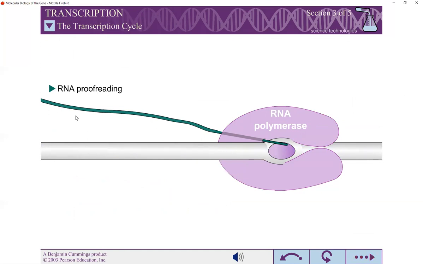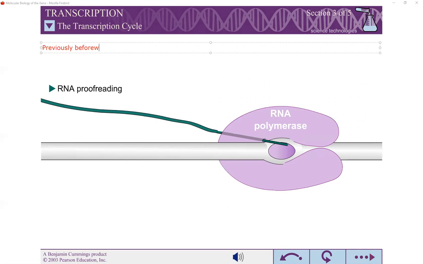Previously it was thought that the process of transcription does not have any proofreading activity, but now it has been confirmed that it has a well proven proofreading activity within itself.